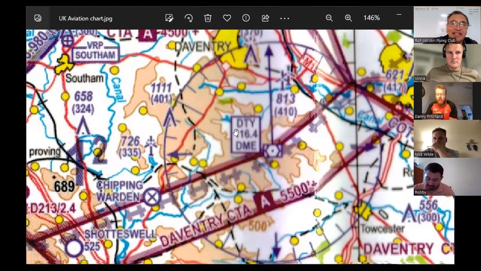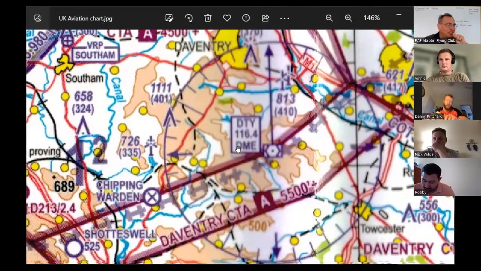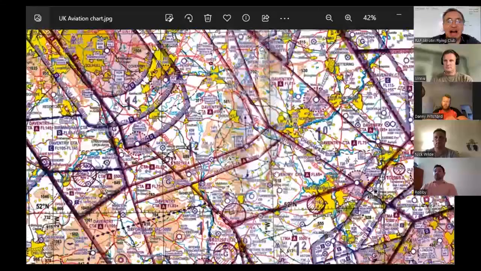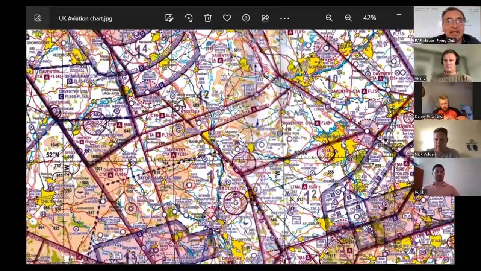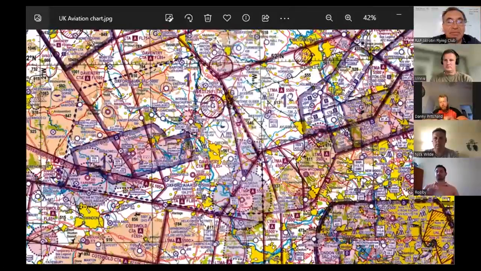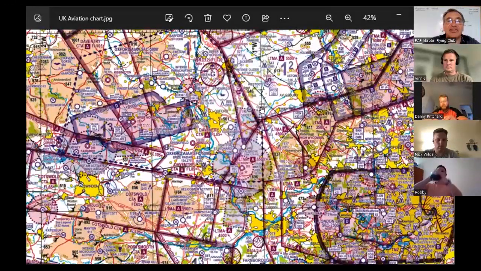This is the ident, Delta Tango Yankee, and DME means distance measuring equipment. So as well as being a VOR, this can also tell us how far away we are from the VOR. And all over the chart, there are VORs, NDBs, and navigational aids sprinkled all around.